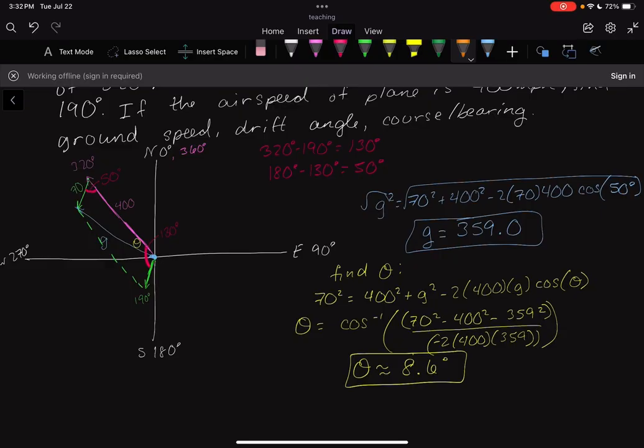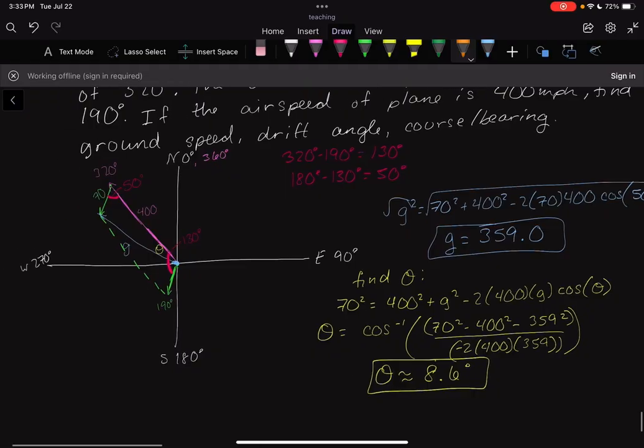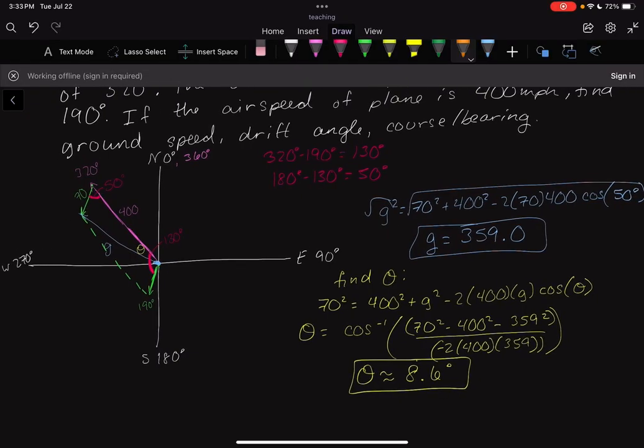So then the course or bearing, I originally went 320 degrees. So that's where the plane was trying to go. And then it got pushed this way. So it got pushed downwards, right? So that's where the wind was going. So should I subtract or should I add my drift angle?